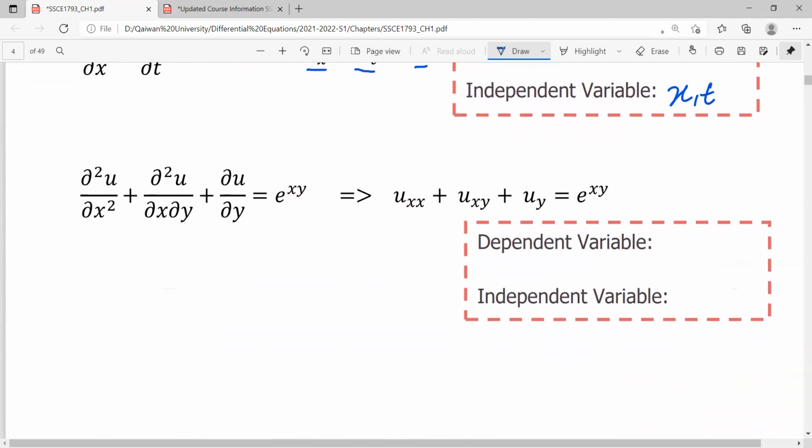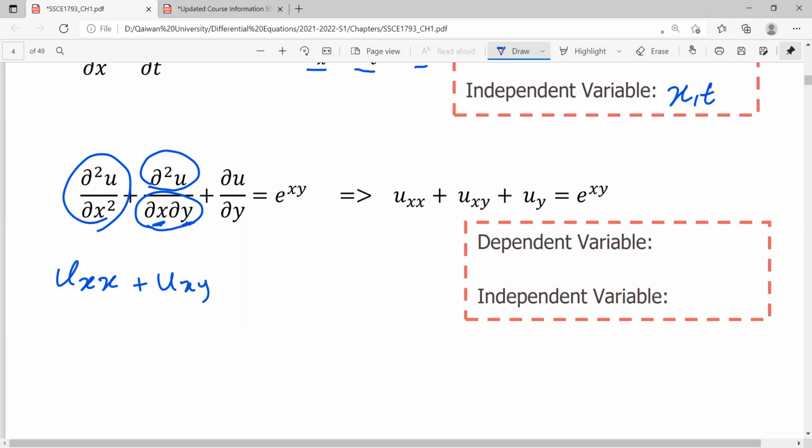For the second one, we have partial squared u by partial x squared. It means we can write this as u sub xx, okay? And here we have partial squared u by partial x partial y. We can say it equals u sub xy. Look here, x and y, we write down in the same order.